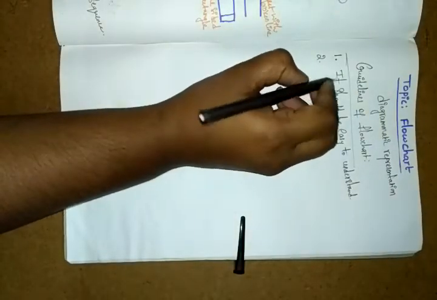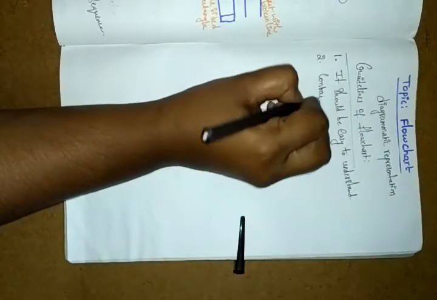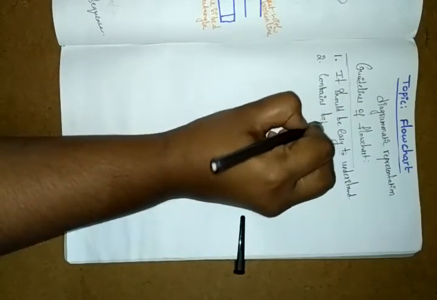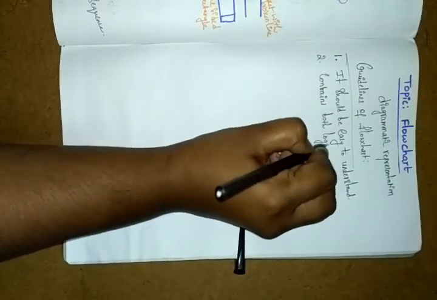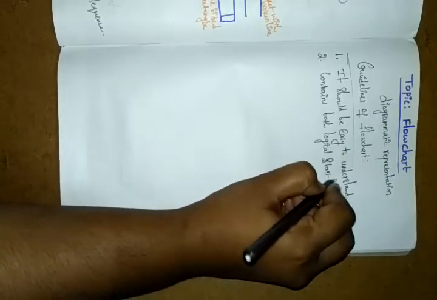When you are starting the flowchart, you use the start, and at last you use the stop.